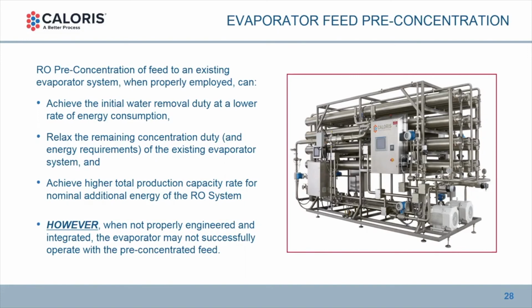All the different factors of that evaporator have got to be reevaluated before you just simply implement RO pre-concentration. So it's got to be properly engineered and integrated. It's never just a simple "just remove some water on the front end. My evaporator should be happy." No, it may get very unhappy unless it's done properly.